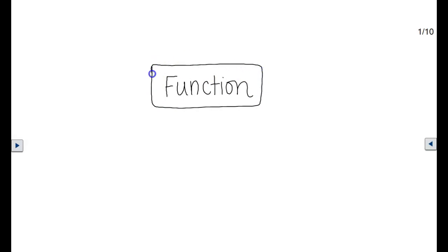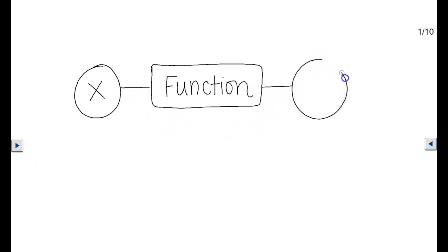So you saw in the video a function described as something that makes a connection or that relates the members of one set to the members of another set. Now, for algebra purposes, a function is going to take x values and connect those x values to y values.